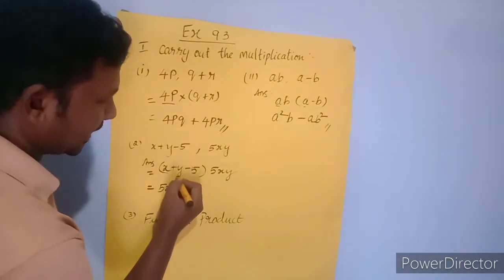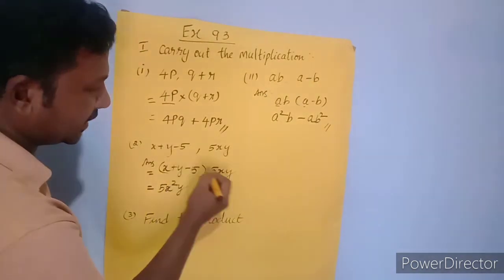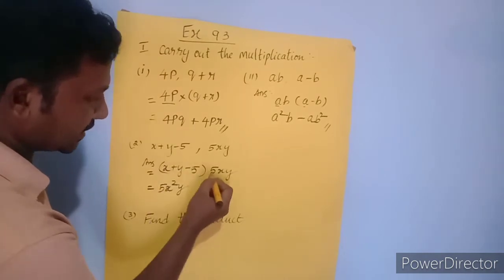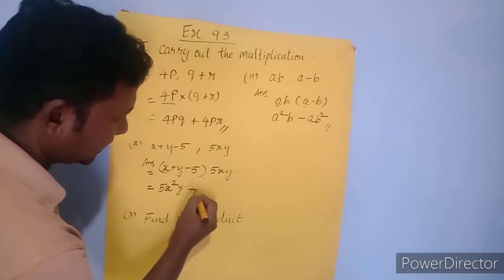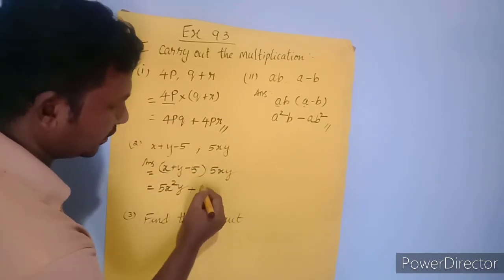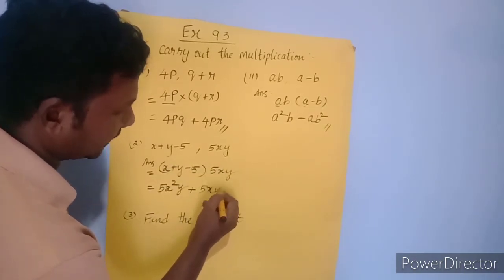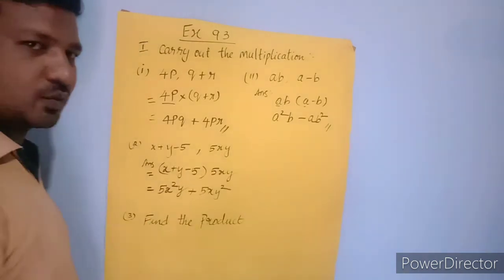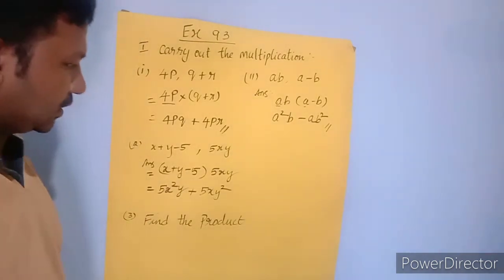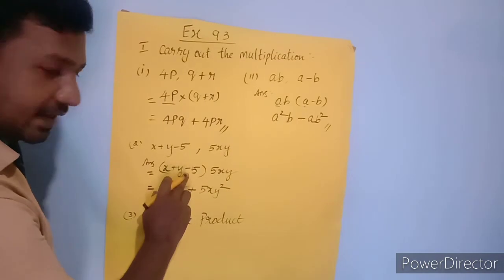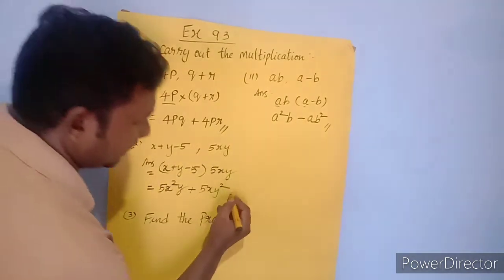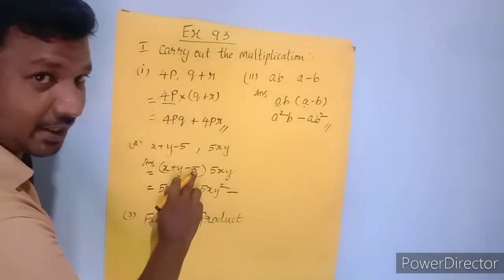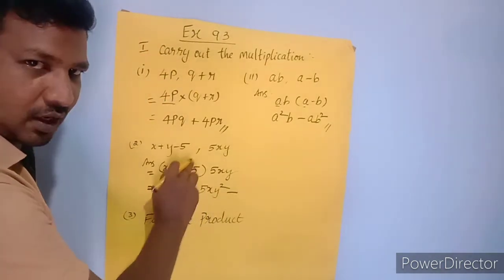Now the second term, y into 5xy. Plus into plus: this term is plus, given plus, plus into plus, plus. y into 5xy, 5xy square. The power will be increased only for y. Okay, next one. See here, this term is minus and this is a plus term, plus into minus, minus. So you can multiply only the numbers. Here only the constant is there.